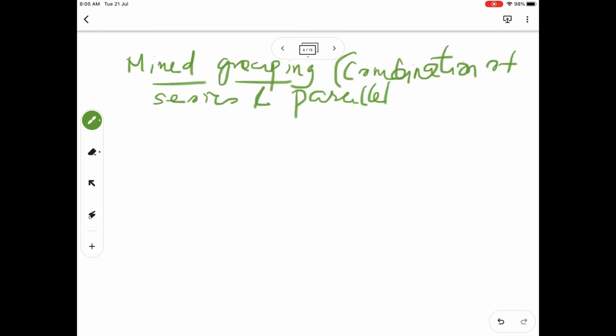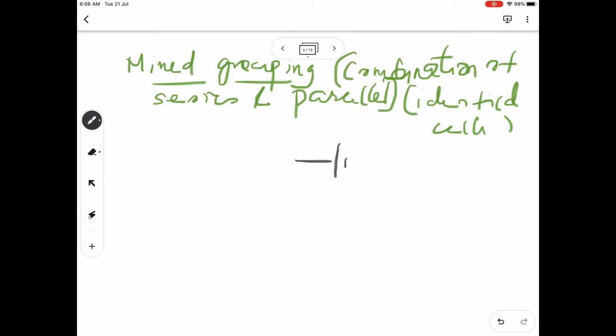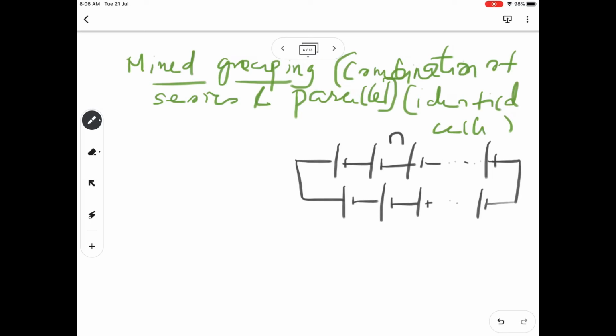So identical cells we consider for convenience here also, such that in a branch of mixed combination we consider n numbers of identical cells, each of EMF E and internal resistance small r. Such branches are in parallel combination up to m number. There are m branches, and in each we have n identical cells in series combination.